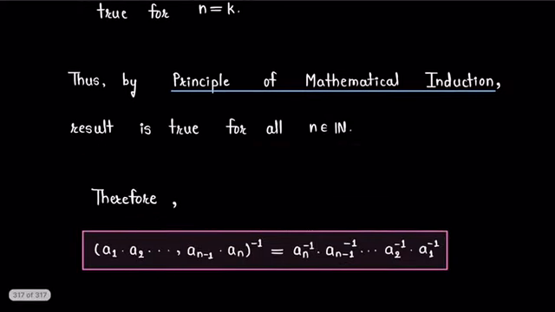Therefore we have the inverse of a1, a2 up to so on an minus 1, an is equal to an inverse, an minus 1 inverse up to so on a2 inverse and a1 inverse, and this completes our solution.